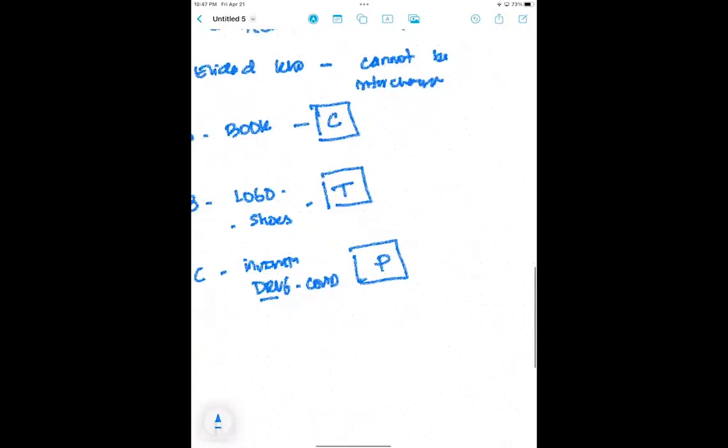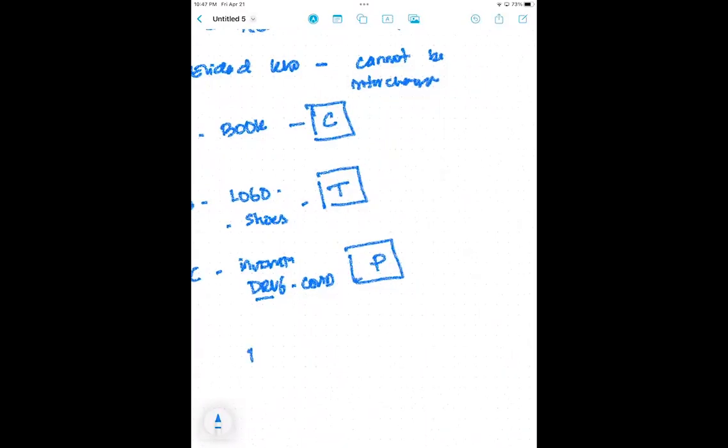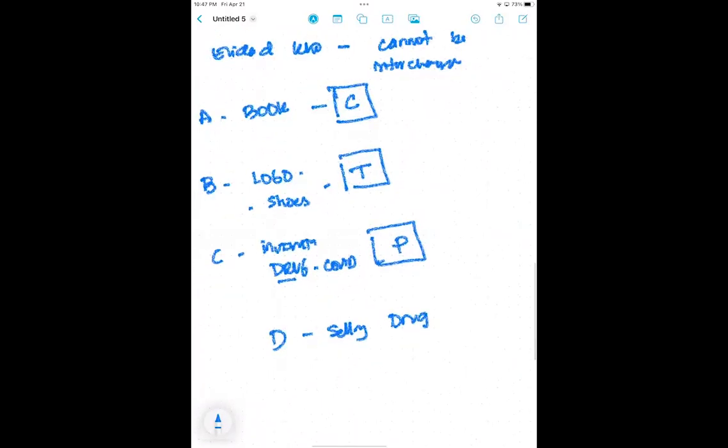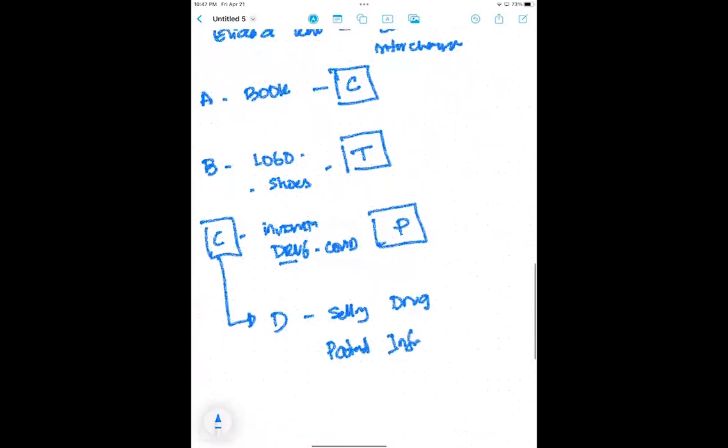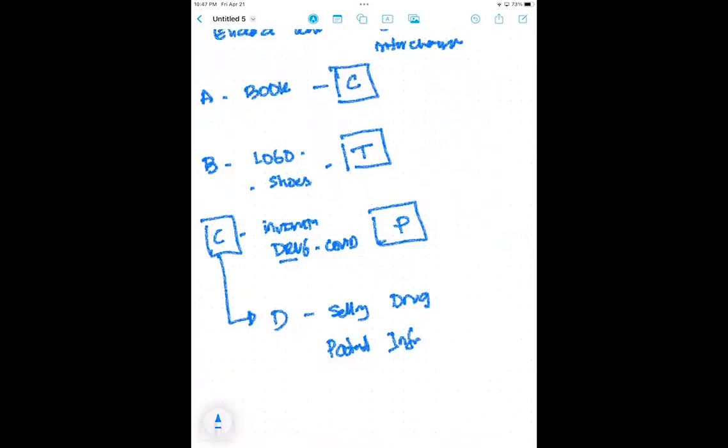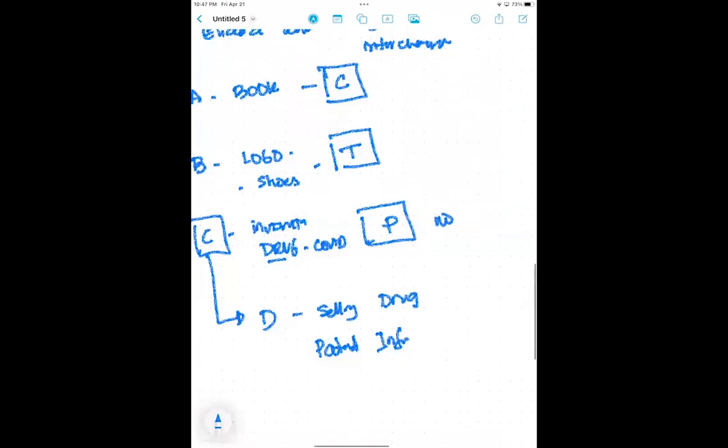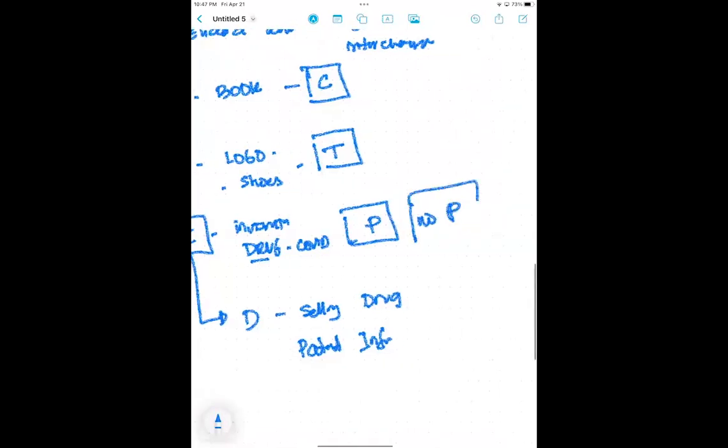Supposing that D is selling the same drug, and C filed a case against D for patent infringement. However, C has no patent, meaning he did not apply for patent registration.